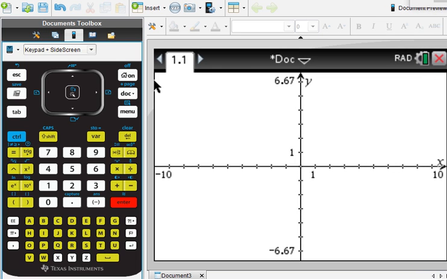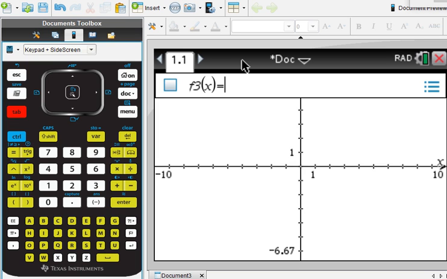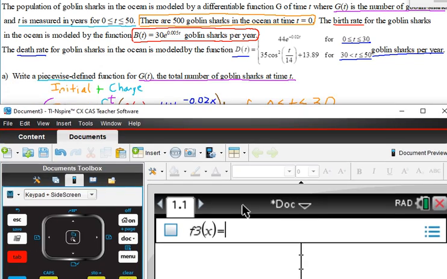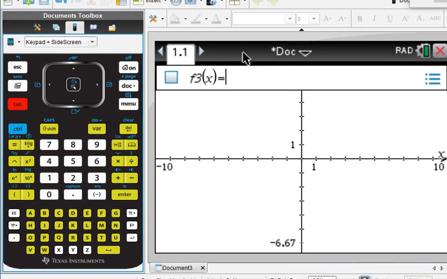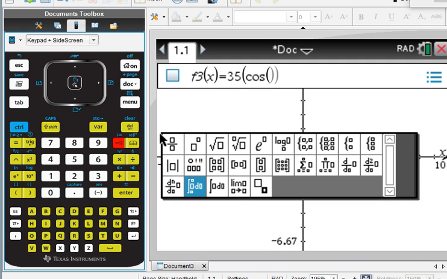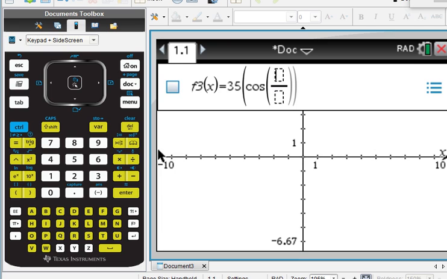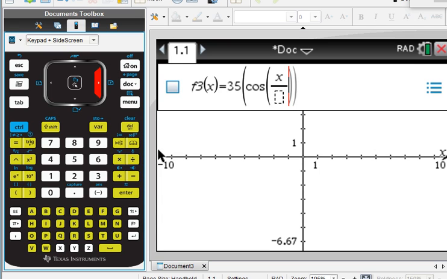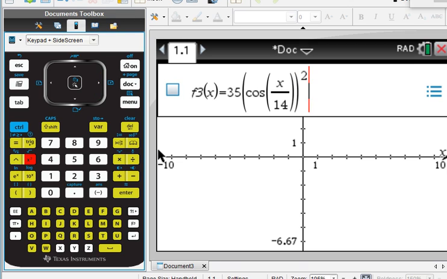For y3, hit tab for f3, and that one was 35 cosine of t over 14 squared. Again, you got to put open parentheses here. Trig, there's cosine. If you want, you can put the fraction, so it looks like a fraction in there. X divided by 14. And then make sure you put the squared not here, but so the whole cosine gets squared. And then we've got plus 13.89.